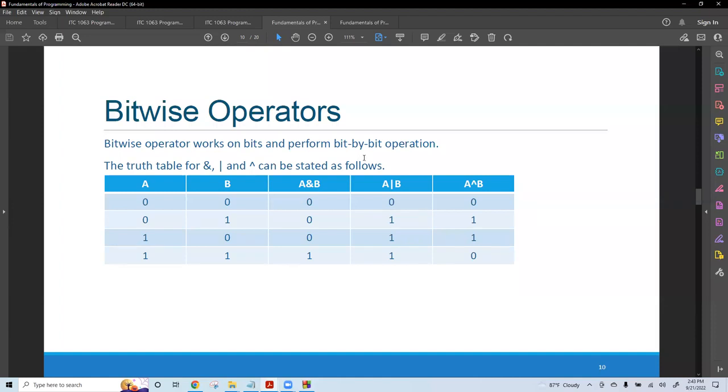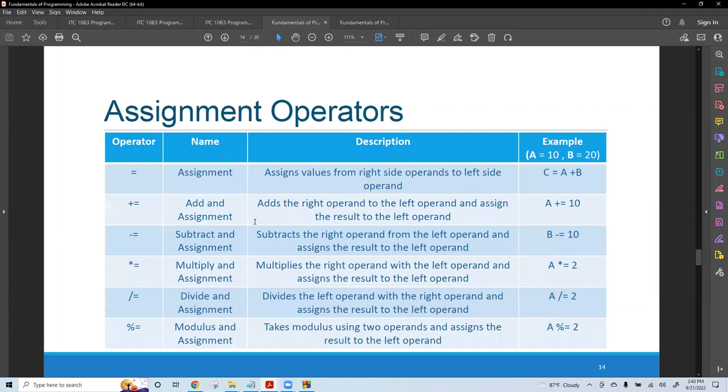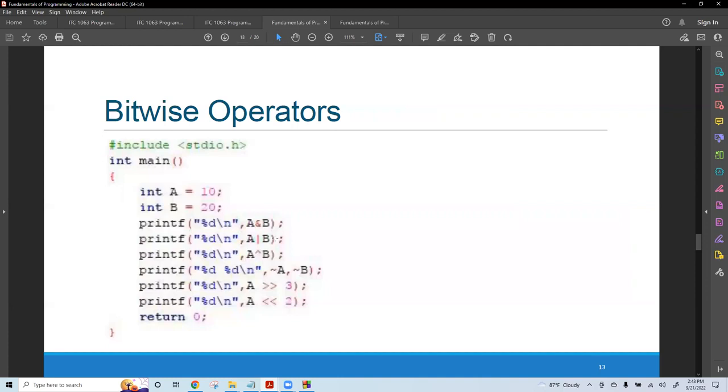Then bitwise operators. These are another very confusing set of operators. Right. So bitwise and then assignment operators. Then MISC operators, those are not very difficult.